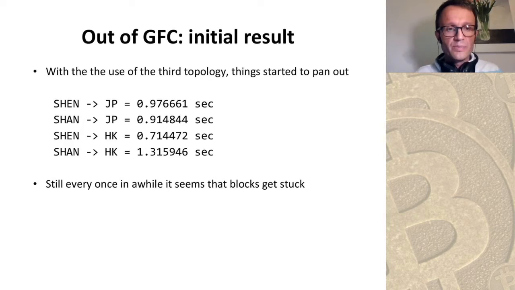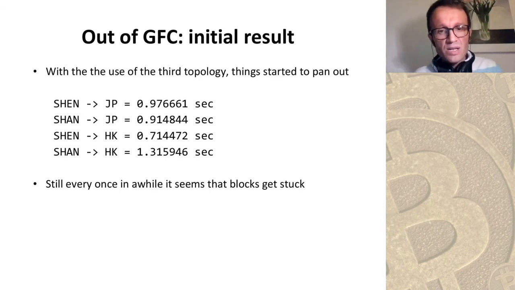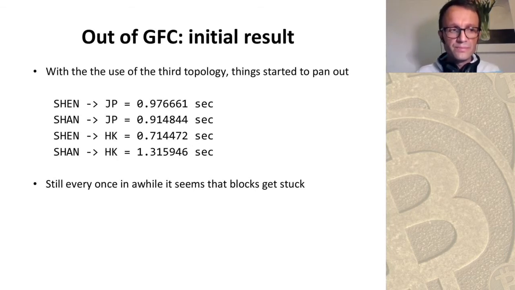In fact, the propagation time from Shanghai to Japan, or from Shenzhen to Hong Kong, moved on average from around 3 to 4 seconds to something like 0.9 seconds, 0.7 seconds. So the average was very good, taking into account how hard it is to go through the Great Firewall of China. But still, every once in a while, it seems that blocks get stuck. The outlier was still there.